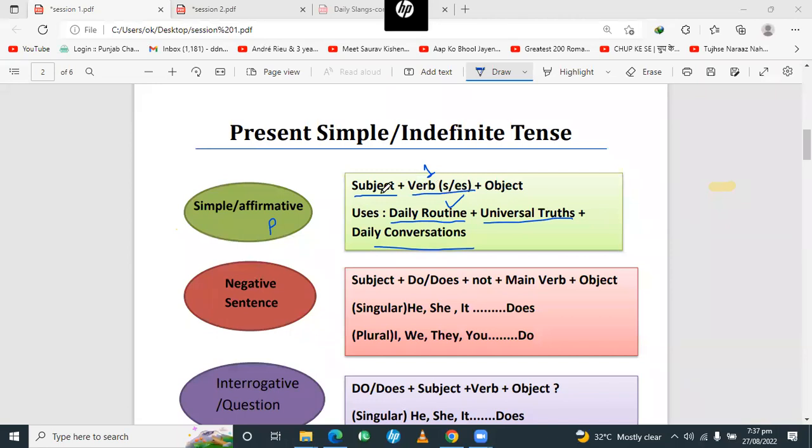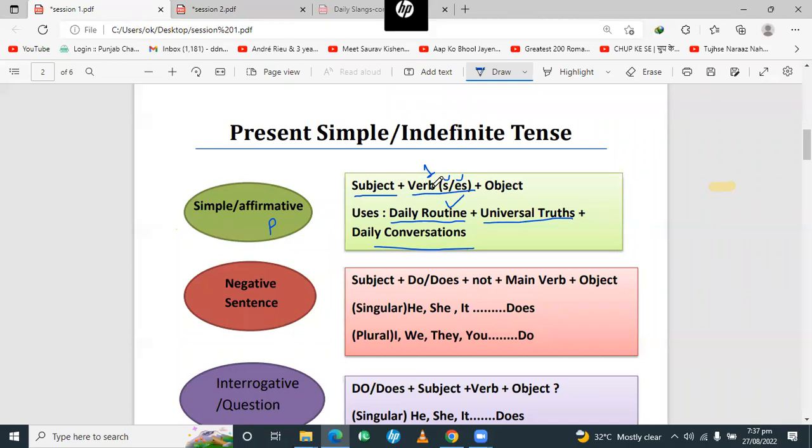If your subject is singular, like he, she, it, or any single person, then you can add s or es with your main verb. Plus at the end, object comes. Very simple formula: subject, main verb, and object. If your subject is plural, just first form will be used without adding s or es.